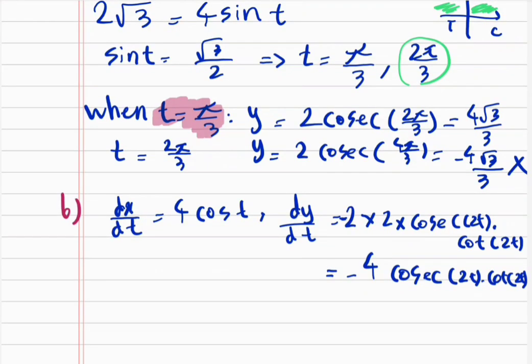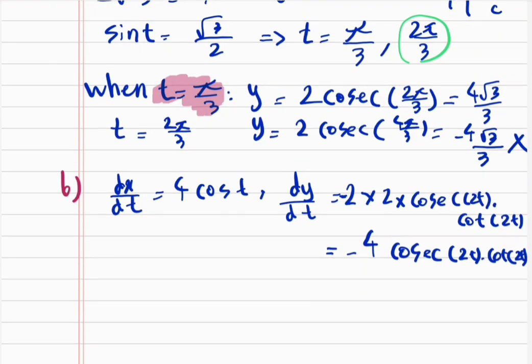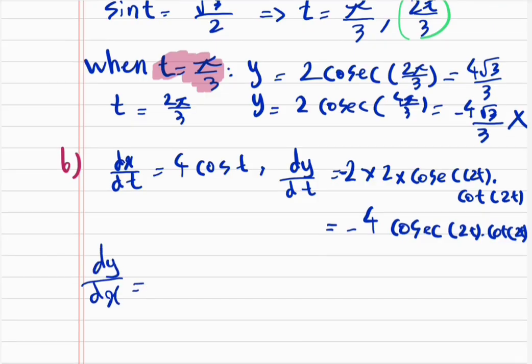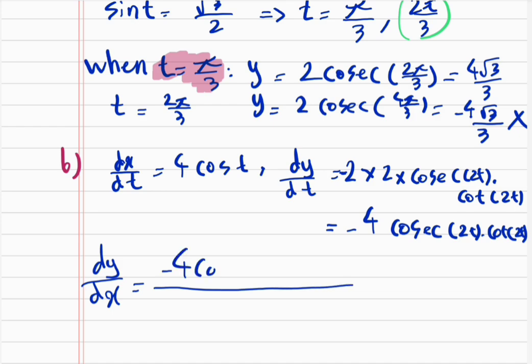Okay, now we have this, so we can find dy/dx. So dy/dx is equal to, we divide by dx/dt, so it's going to be minus 4 cosec 2t times cot 2t divided by 4 cos t.